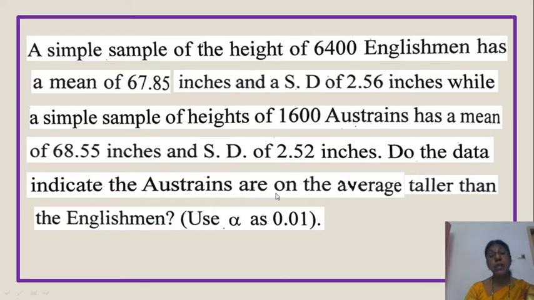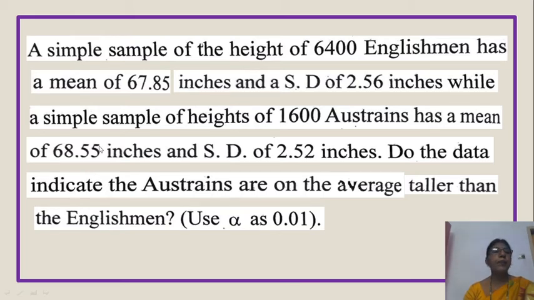Here we have two groups, which means two samples: the Englishmen are the first sample and the Austrians the second sample. For the first sample, N1 is 6400, the first sample mean X1 bar is 67.85, and the SD sigma 1 is 2.56.